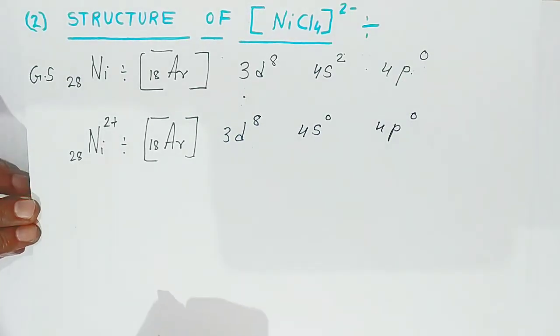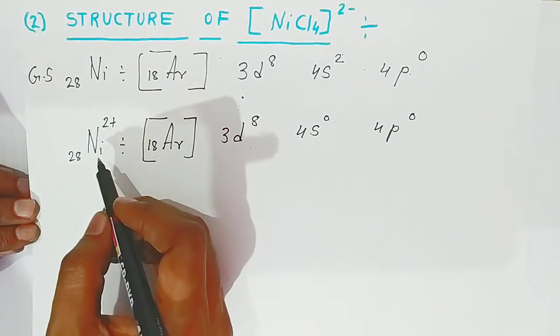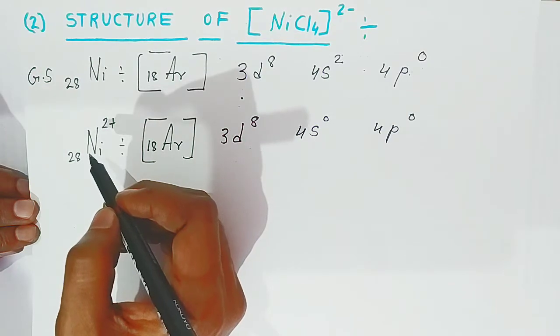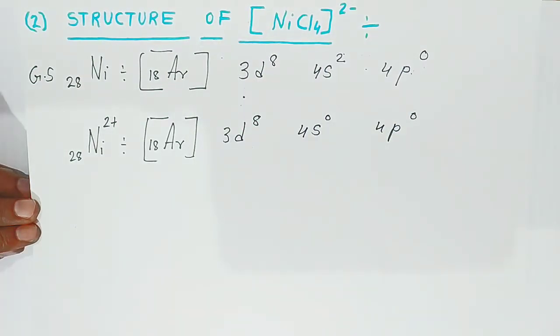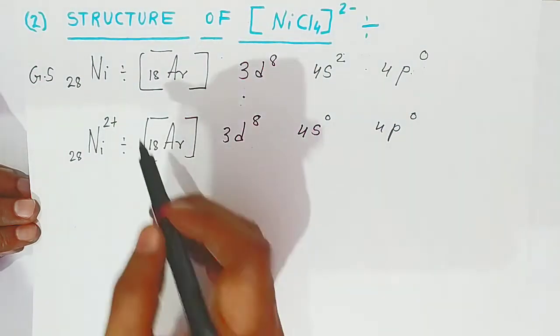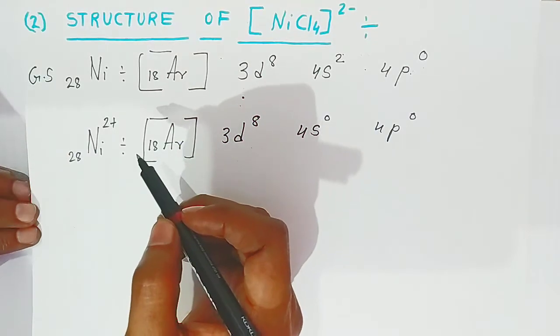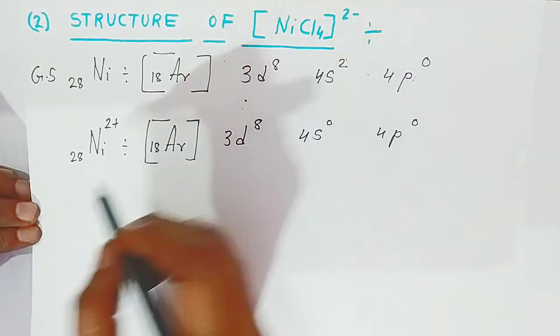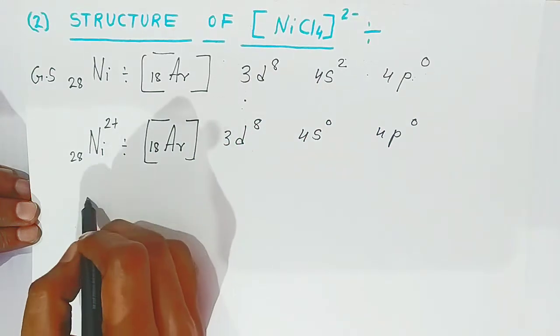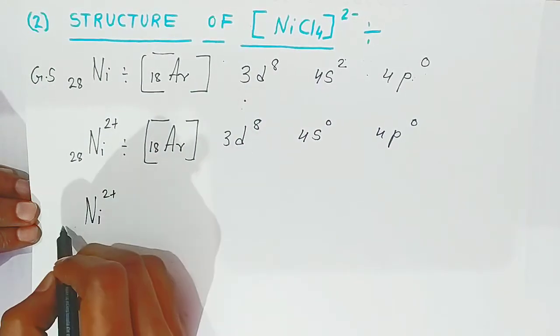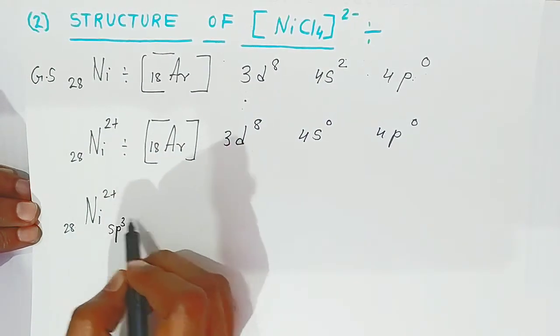Correct? Now students, when the chloride ion approaches nickel 2 plus, it will go to sp3 hybridization, students.